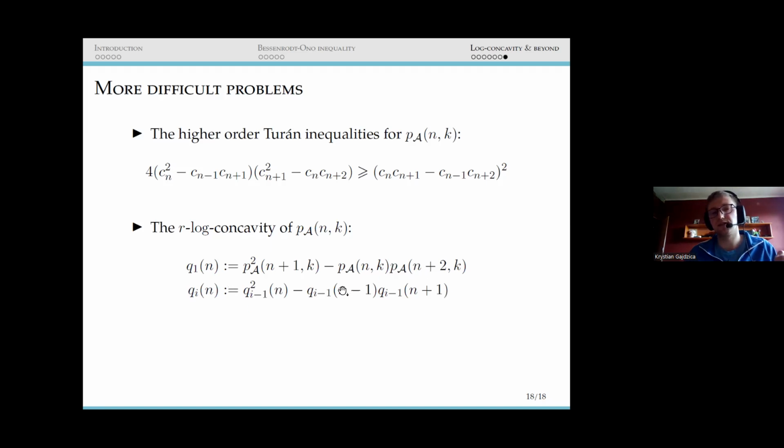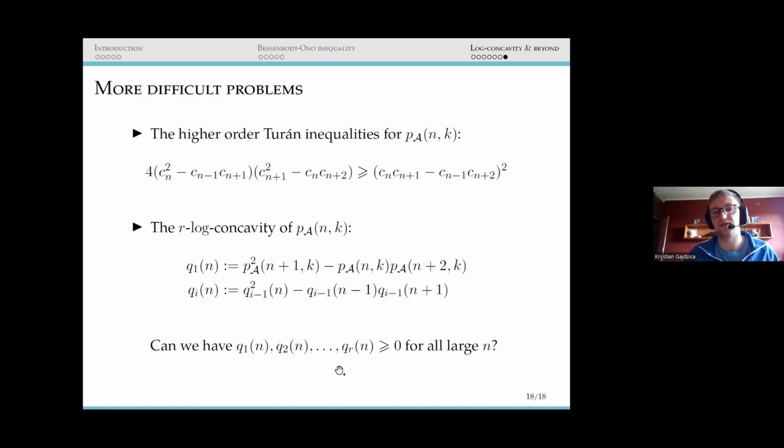And we would like to ask whether there exists some positive integer m such that for all values of n strictly larger than this lambda m, all of these numbers are non-negative. And up to this day, I only examined that the restricted partition function is 2-log concave under the assumption that, once again, every k minus 6 multisubset must be co-prime. So as we see, I still have a lot of work to do.